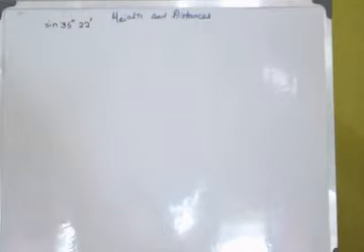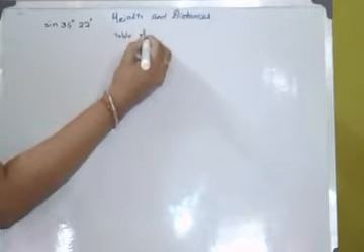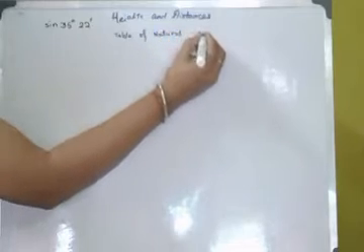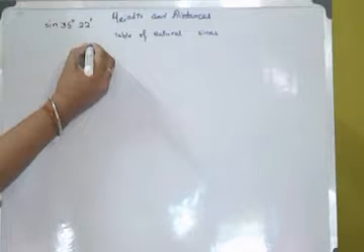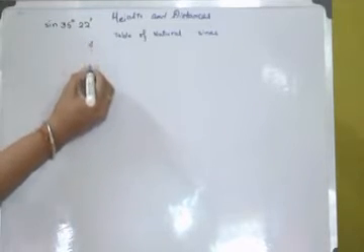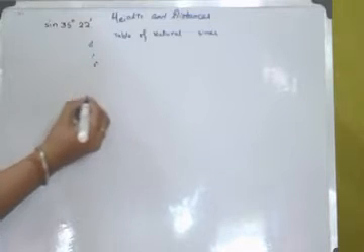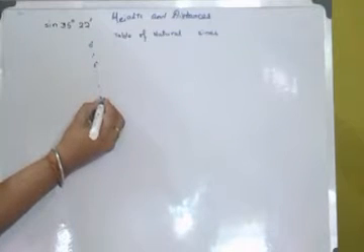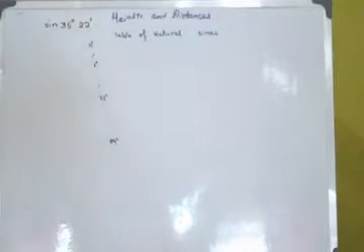Suppose the first table is the table of natural sines. Vertically it is given 0 degree, 1 degree, 2 degree, like this, 35 degree, and the last 89 degree.